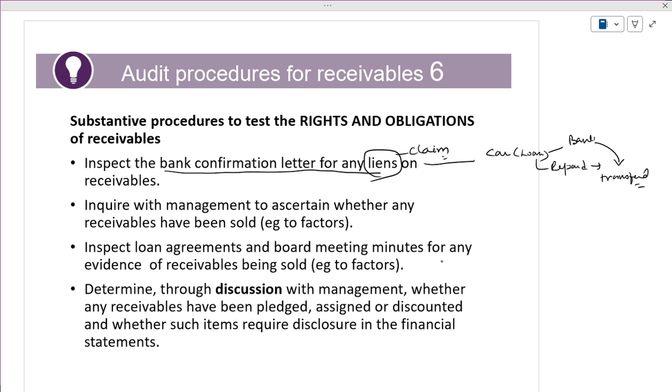The bank will give a confirmation letter when you have repaid your loan, that the receivables have been settled. So inspect the bank confirmation for any claim on the receivables.